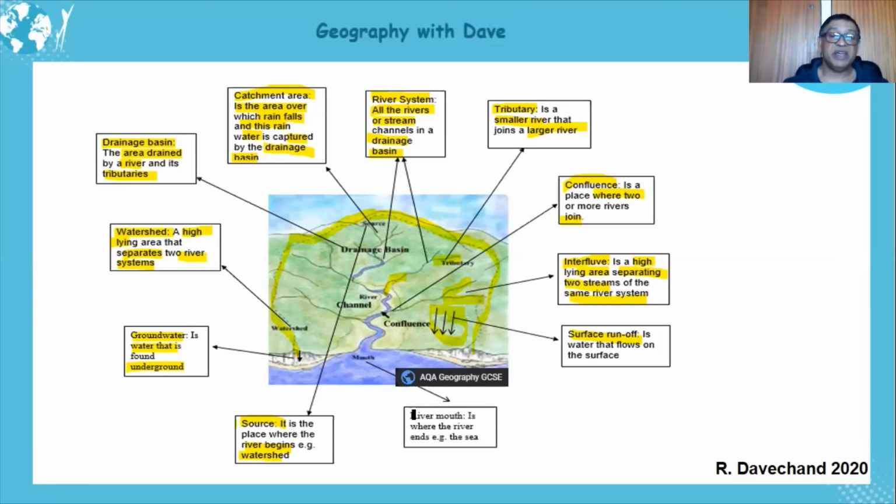And the river mouth is where the river ends, for example, at the sea. So can you see, learners, how important it is to link all the concepts? Very, very important to link the concepts so you see the relationship. And those are the concepts that you will deal with based on the drainage basin.